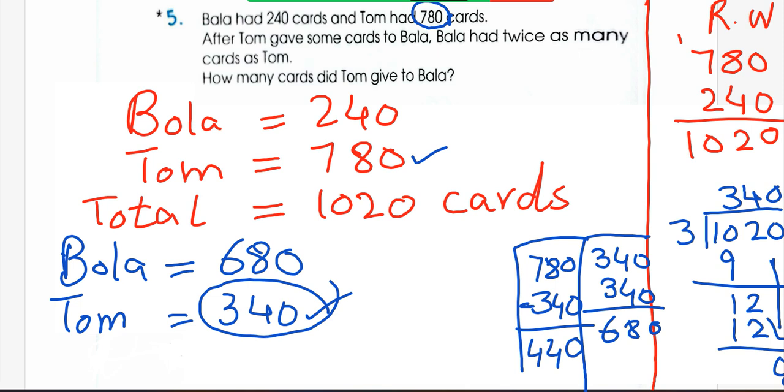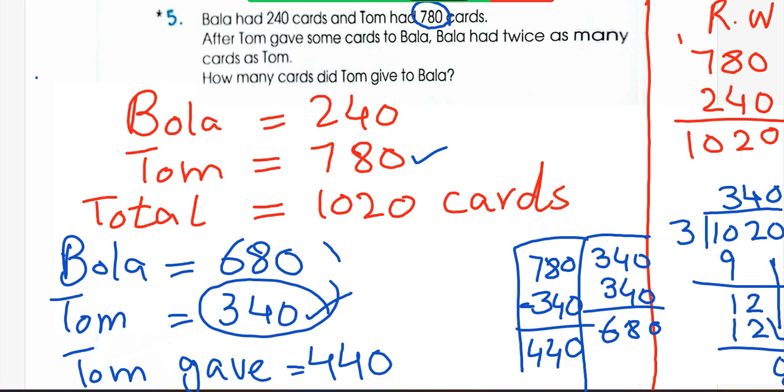So Tom gave how many cards? Tom gave 440 cards to Bola, right? When Tom gives 440 cards to Bola, Bola will have 680 cards. And then we can say that Bola has twice as many cards as Tom. This was the explanation of this question.